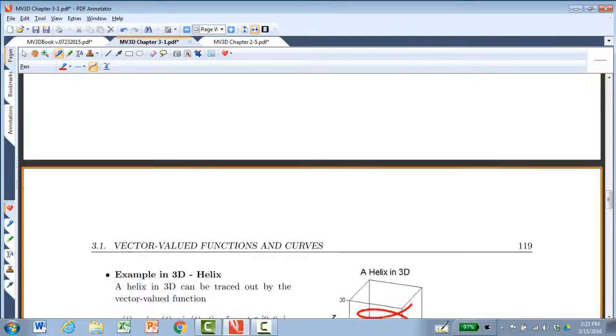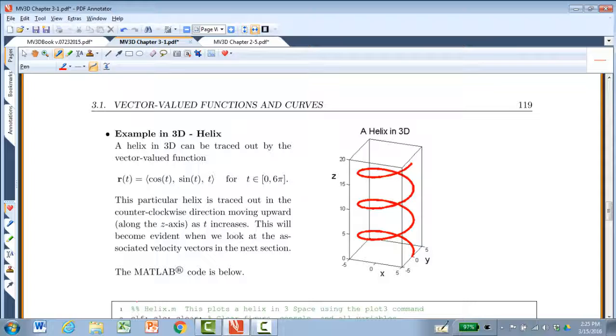So now if we do the same thing in 3D, here's an example. We call it R in this case instead of V. There's my x value is cos t, y is sine t. If you notice, if we were just in 2 space, this would sketch out the unit circle.